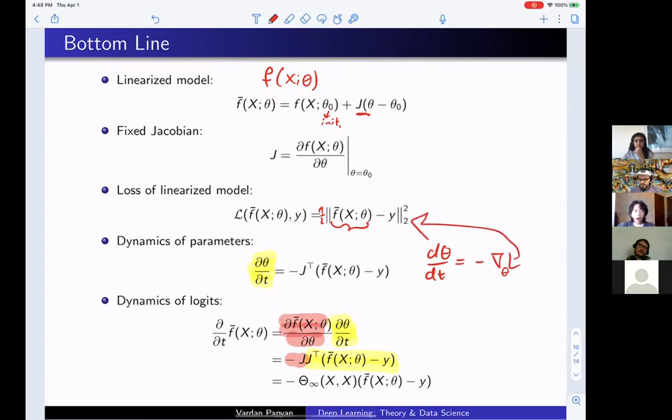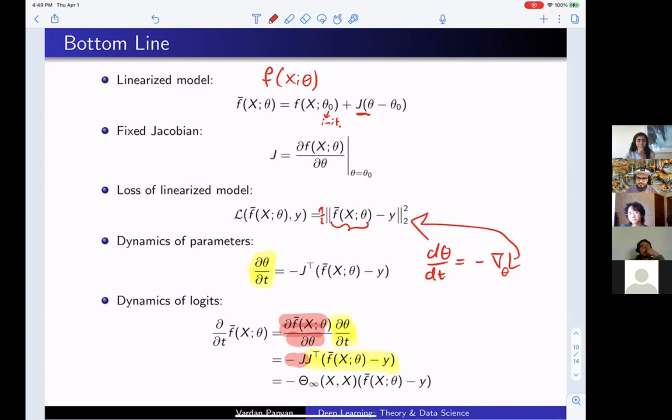So this is the loss, and you need to derive it with respect to theta. If you derive the L2 loss, you just get this.